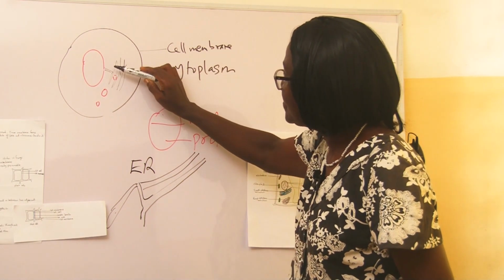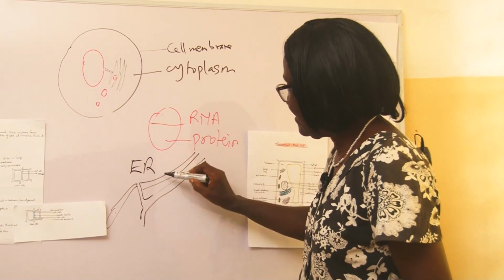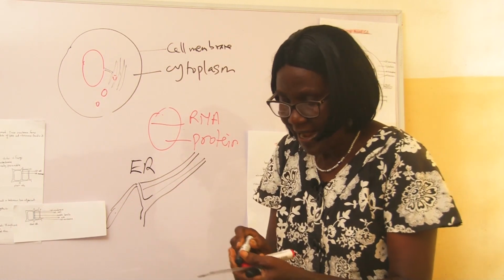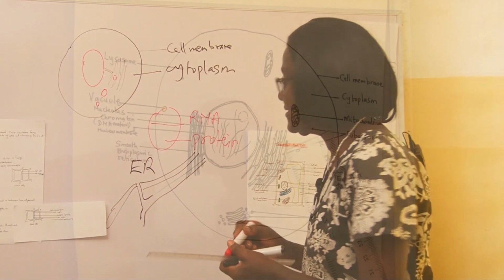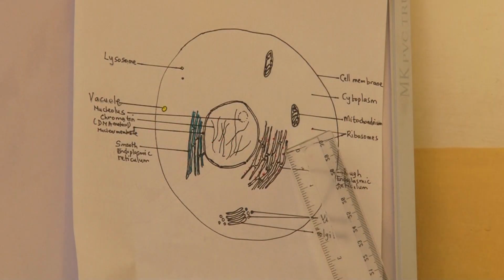And on these membrane-bound channels, ribosomes are attached. So if this is a red ribosome, it's attached. Good. There are two types of ERs, endoplasmic reticulum. You have smooth endoplasmic reticulum and rough endoplasmic reticulum.